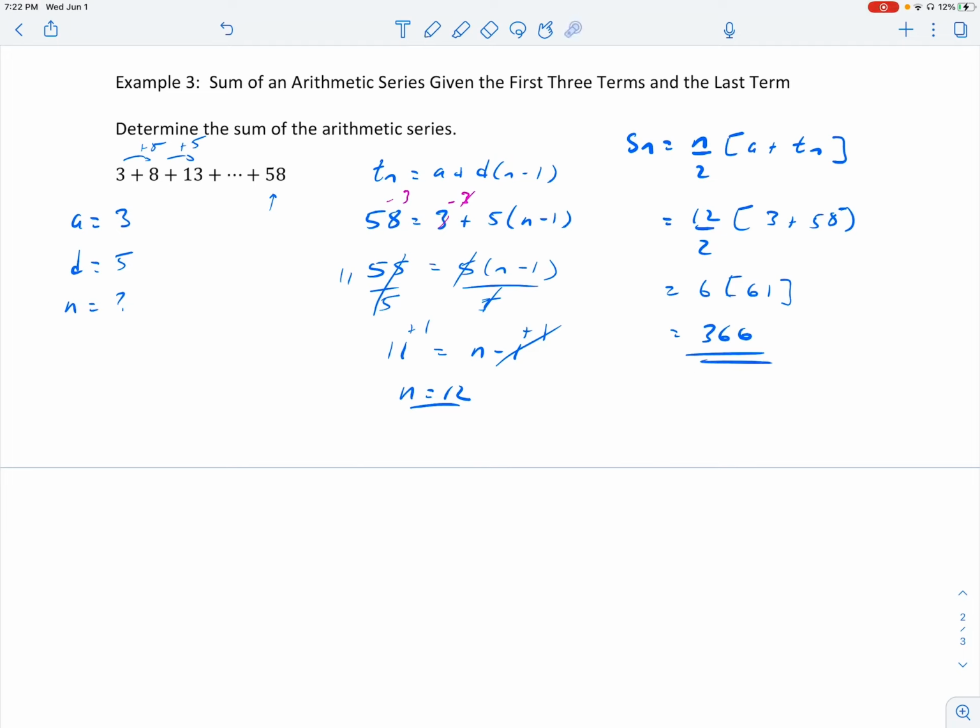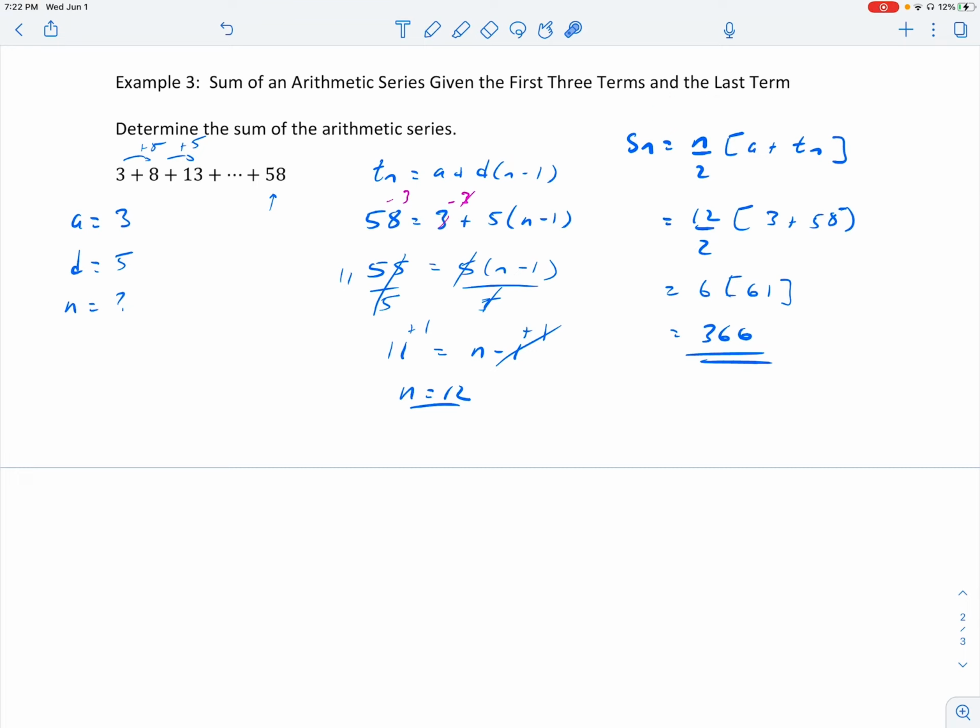This formula that I used here is really the same way we did that very first activity, finding the sum of the numbers from 1 to 100. The way we wrote it out was writing the numbers 1, 2, 3, all the way up to 100, and then we wrote it in the reverse way and found pairs.